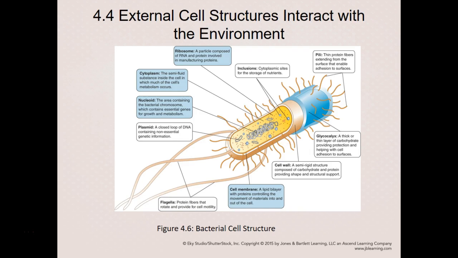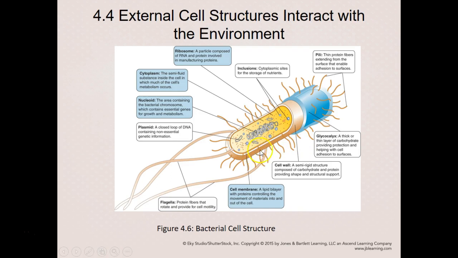So when you took general biology and you learned about the plasma membrane, there are a lot of similarities. They have the same function. They're made up of mostly the same structures, but there are some differences that make or that help us to differentiate between eukaryotes and prokaryotes.